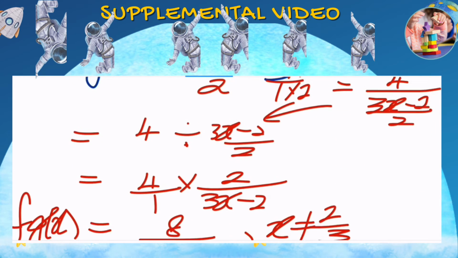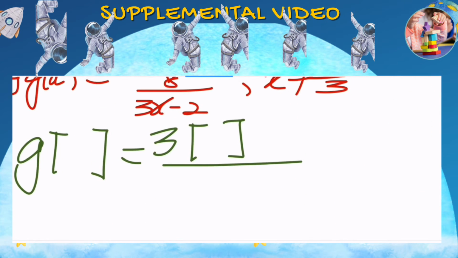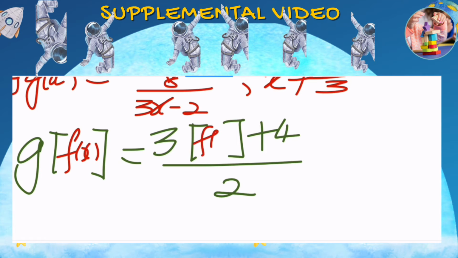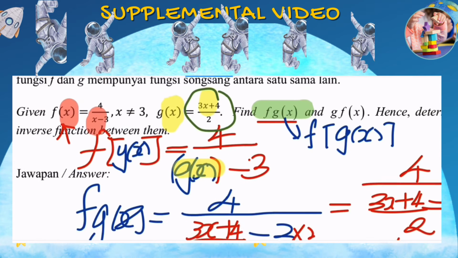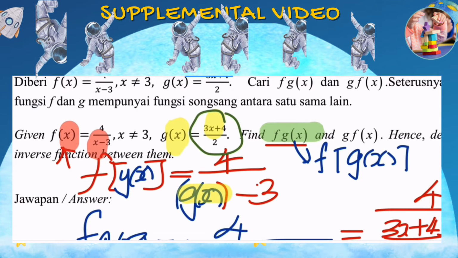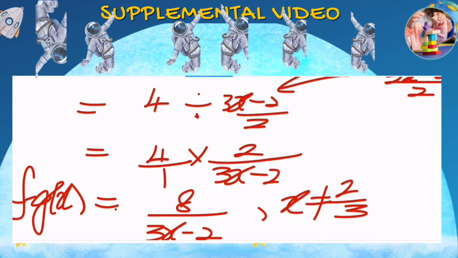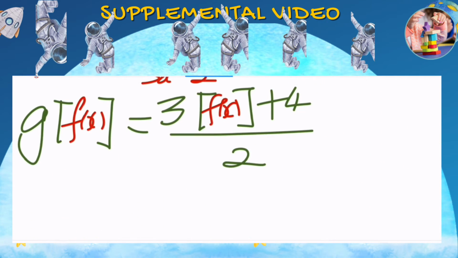So we will copy the exact function except the x, which we are going to replace by the object, and now the object is the function f(x), right? So on the left hand side we will write f(x), and on the right hand side we will substitute the function f(x) into there, so it's 4 over x minus 3. We're going to substitute this whole function into there.